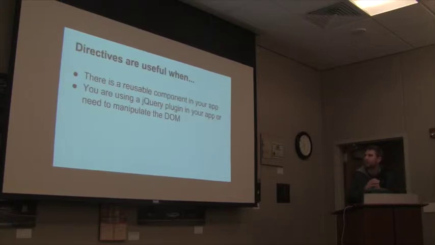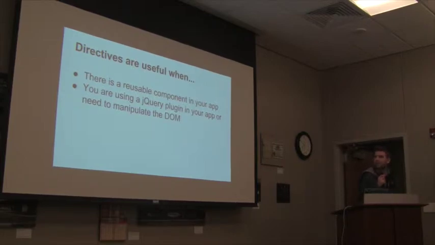So let's see. All right, first I was going to talk about when directives are useful, and there are two main cases that I really found. First is creating reusable components within your application. If you have some common functionality, like maybe a drop-down calendar, something you find yourself using throughout an application, these directives make it really easy to bundle that all together, and then you can declaratively drop it right into your HTML.